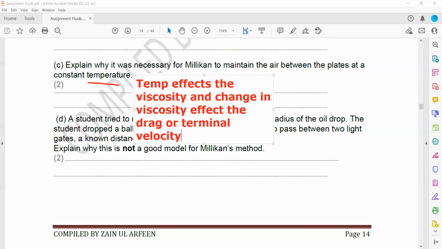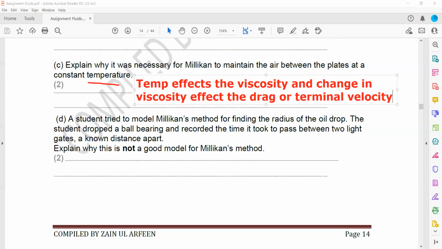So these are the two factors which are interrelated. So the whole experiment result will be affected if the temperature changes. So this is one of the doubts.